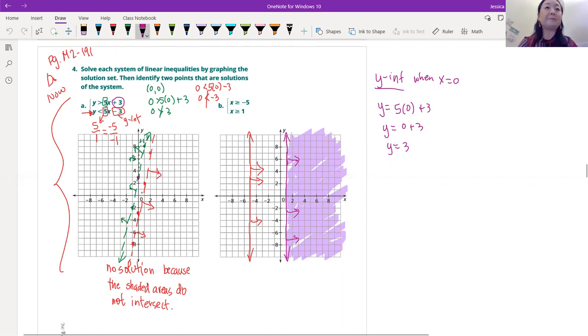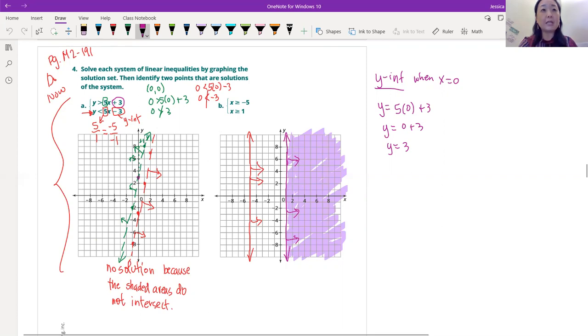Then we do the same thing for the second inequality. Here it's at -3, and the slope is 5, the same slope, so as you can see, they are parallel. When we plug in 0, 0, we get 0 is less than -3. Is it true that 0 is less than -3? No, not true, so it's not on the side of 0, 0.